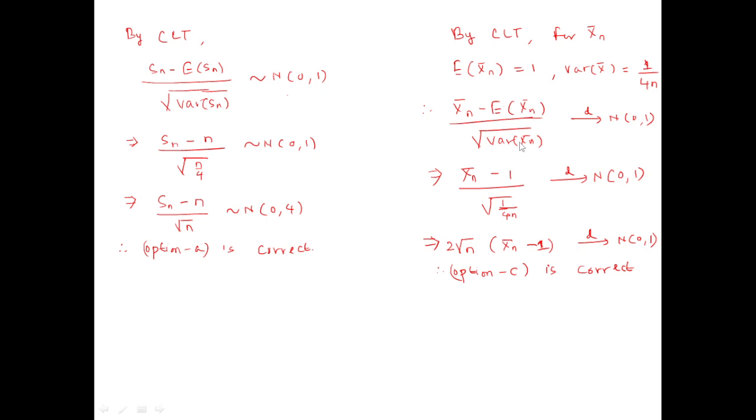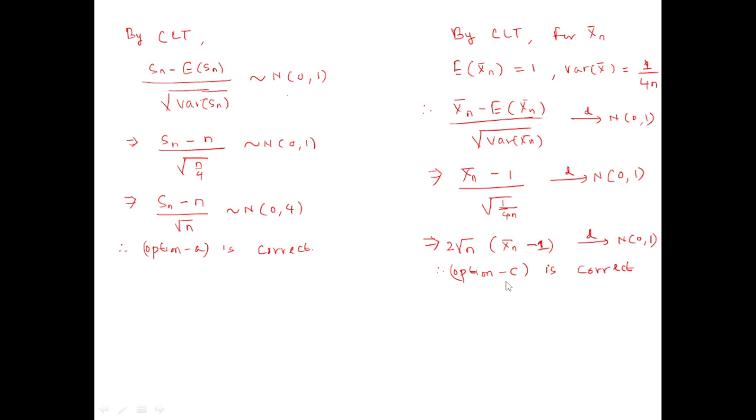Just put these values here and solve. If you take the square root of 4n to the numerator side, you will get 2 root n times (X bar n minus 1) converges to normal 0, 1 in distribution. So option C is the correct answer.